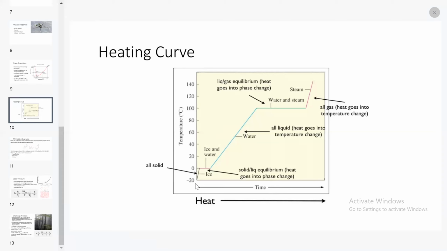What I do want you to notice is that we have different slopes. The water line has a very low slope and the steam line has a very high slope because it takes a lot of energy to heat up water, but it takes very little energy to heat up steam, because water has very high IMFs, right?